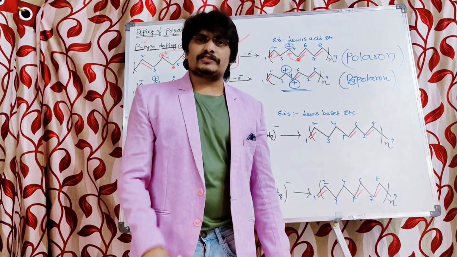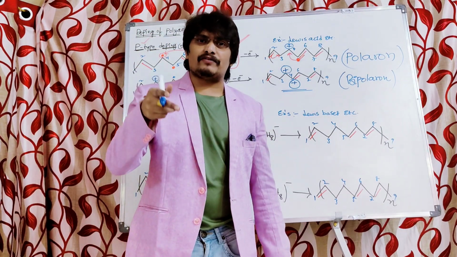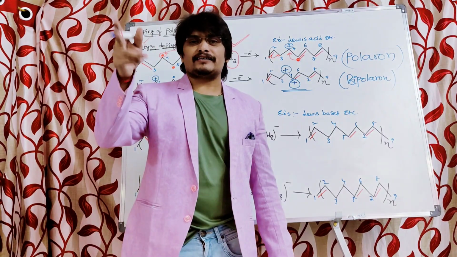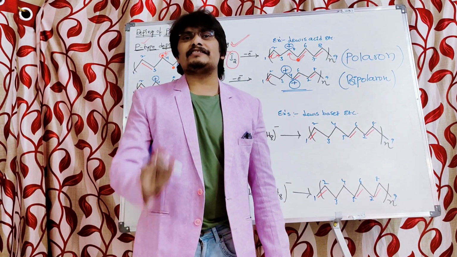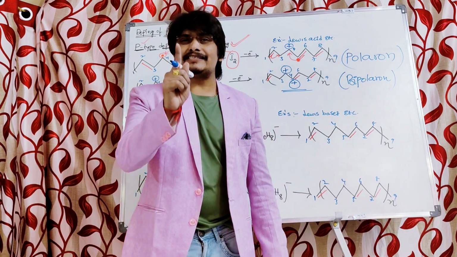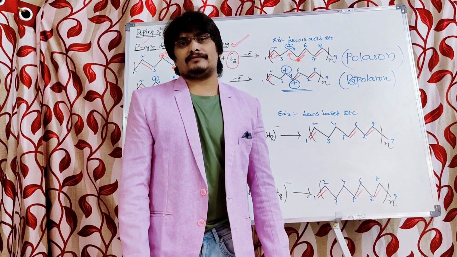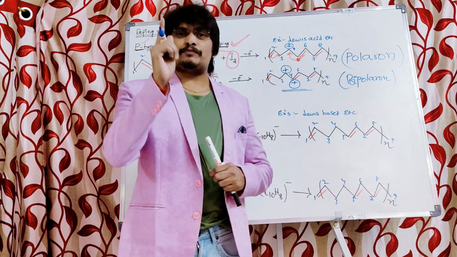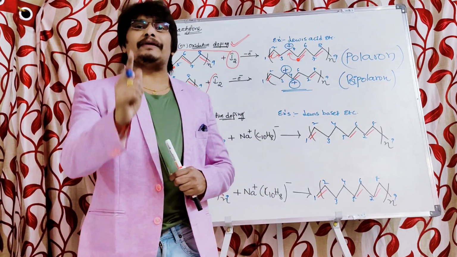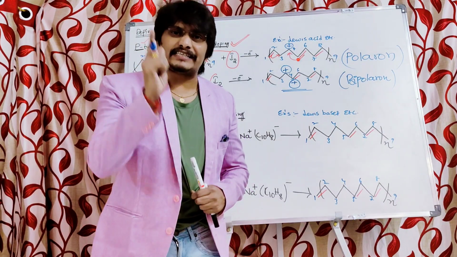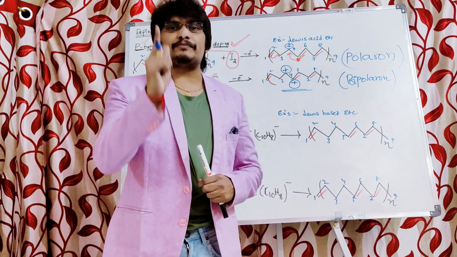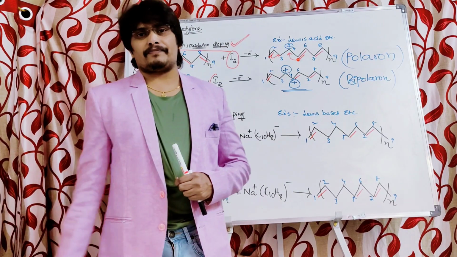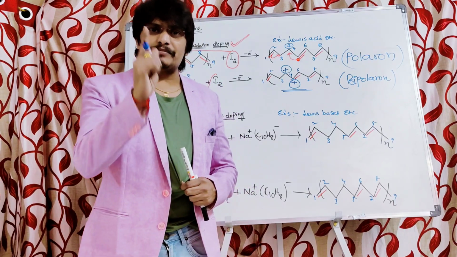Since holes are generated, the energy gap between the conduction band and the valence band is reduced, by which the conductance increases. Simply. But this is what exactly happens. That is the reason at the beginning of this class I clearly explained to you that I'm not going to explain this concept in physics language. Instead, I'm going to explain this concept in chemistry language, because this is a part of chemistry. We have to discuss in terms of chemistry language only.